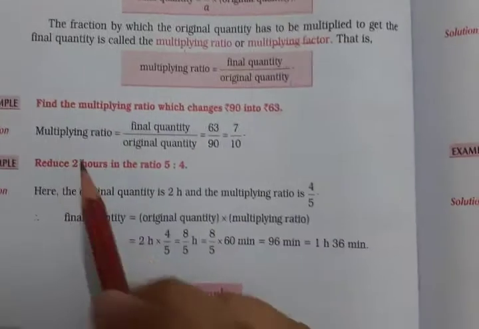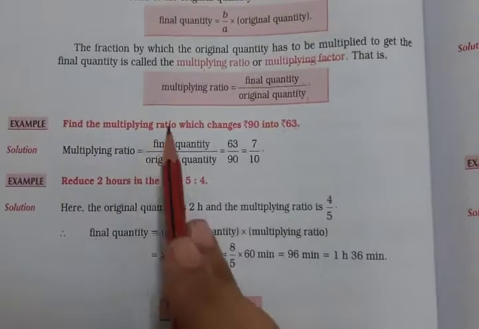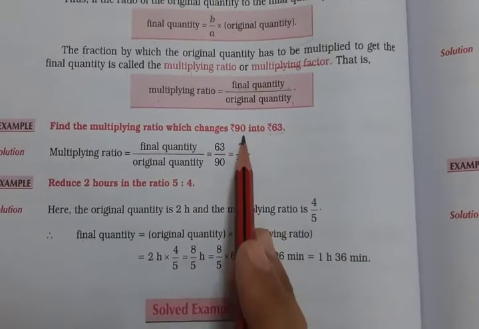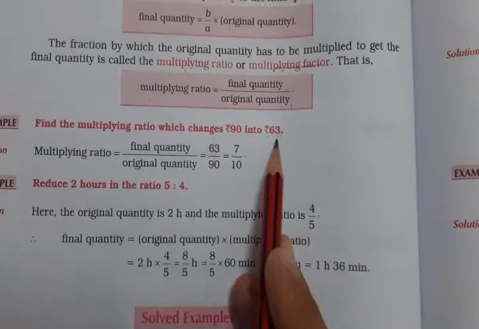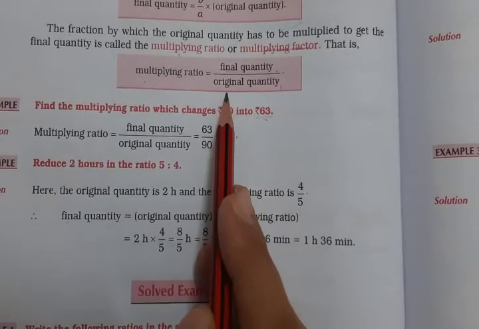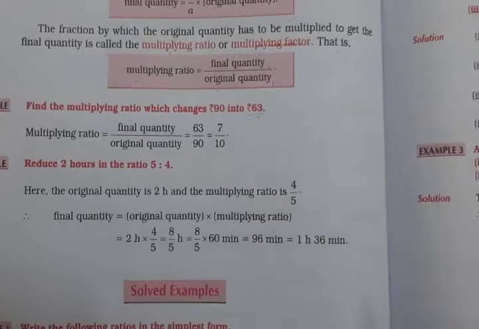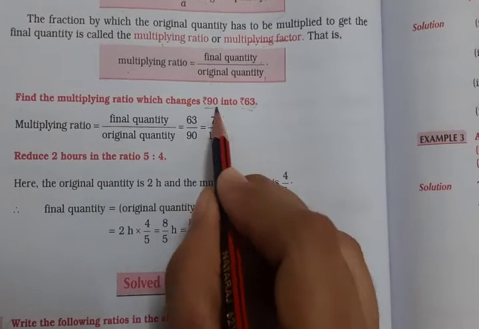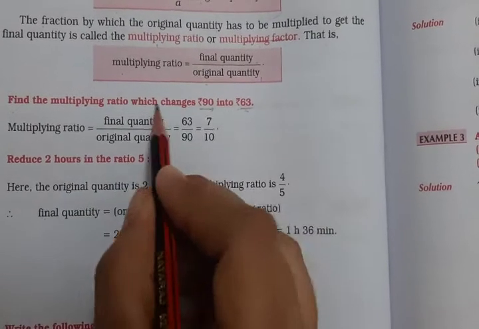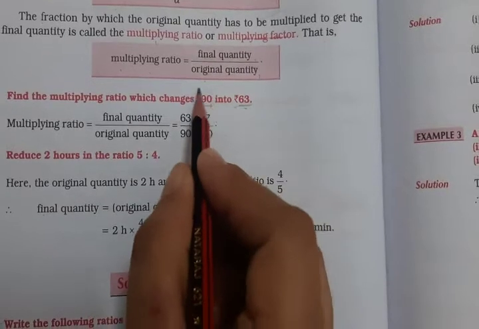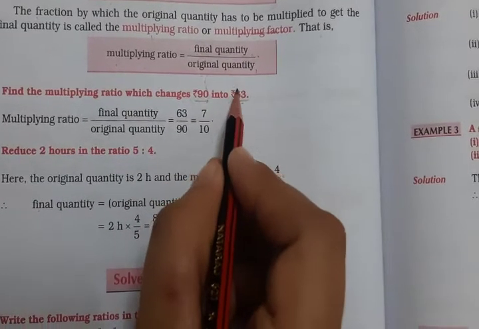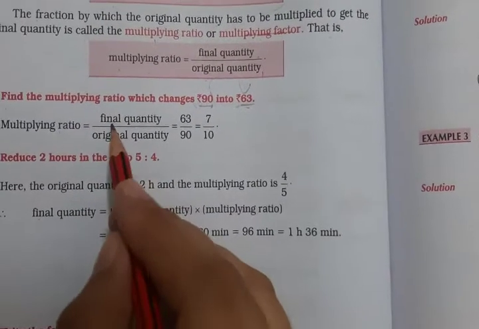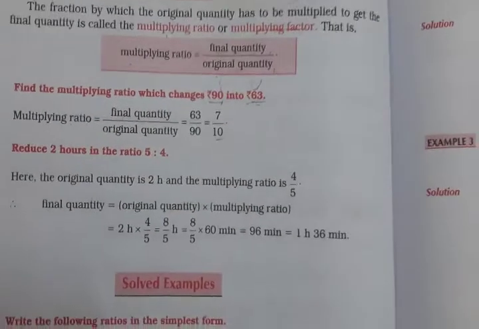Understand? Now find the multiplying ratio for the change 90 to 63. How to find it: final quantity upon original quantity. Now the original quantity is this and final is this, ये original इतनी थी, इतने से final अब ये वाली होगी. Then we will write 63 divided by 90, that is equal to this.